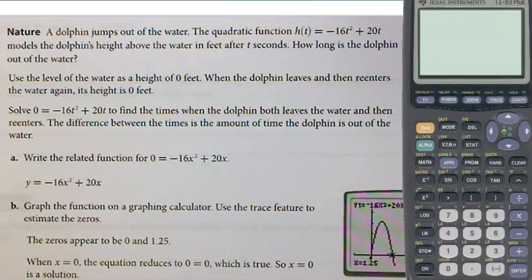So I'm going to clear all this, and put in y is equal to 0 for one of my lines. By the way, when this is graphed, it's going to run right along the x-axis, so you're not going to be able to see that line, but it still will be there. And then negative 16x squared plus 20x.